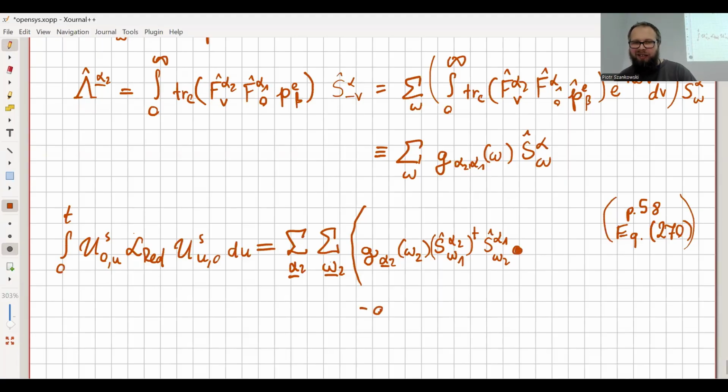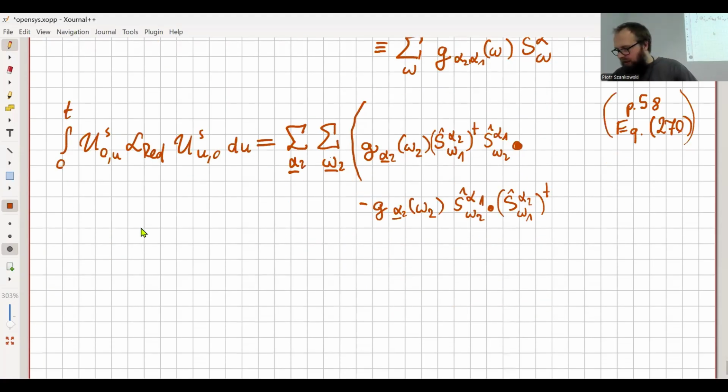Then you minus G_alpha2 alpha1 (omega2), S_alpha1(omega2), bullet, S_alpha2(omega1) dagger. Two more terms.